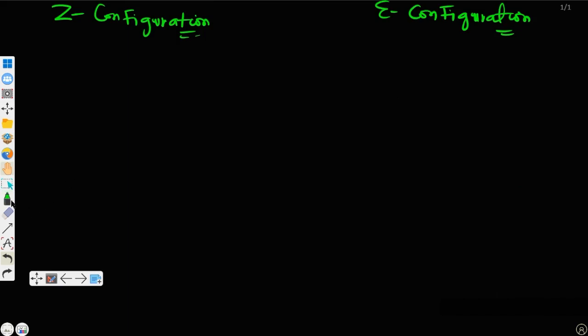Now the assignment that was given to us is something like this: H3C, then we have CH2, CH2, and then we have CH2, and then here what you have is C double bond C, and then here you have CH2.